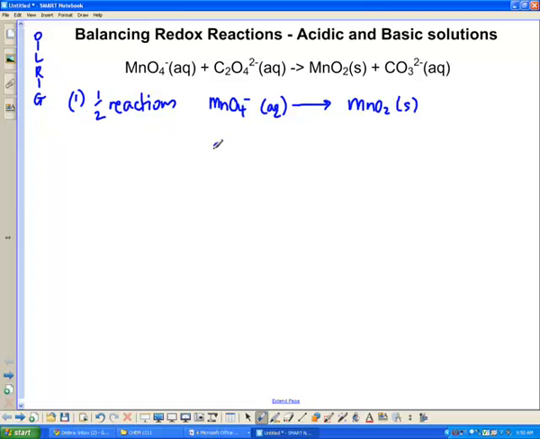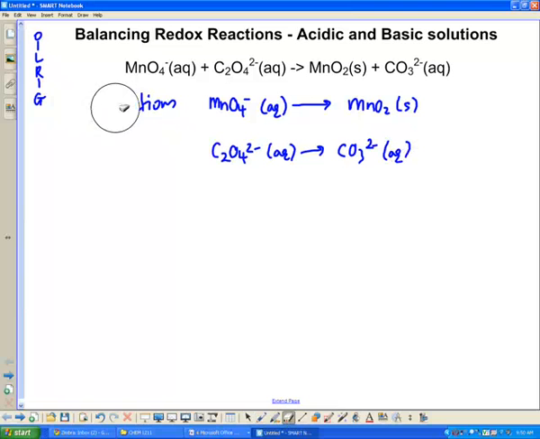And then when we go down here, we've got C2O4 2-, again not forgetting the states, goes to CO3 2-, and that's aqueous as well. Now I'm just going to erase this. It doesn't mean that we're forgetting about it. I'm just making myself some room. So at this point, we're just trying to come up with our half reactions, and that's what we've done. So step 1 is done. We've done our half reactions.